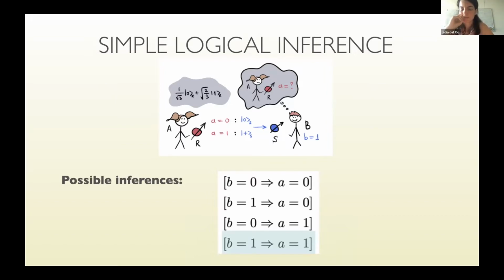I'll give you now a classical example to keep in mind. Some people here already heard this joke: three logicians walk into a bar and the bartender asks, does everyone want a beer? Alice says, I don't know. Bob thinks a little bit and says, I don't know. Then Charlie says, yes, we all want a beer. And the bartender gives a beer to everyone. It's the same kind of reasoning that comes here.